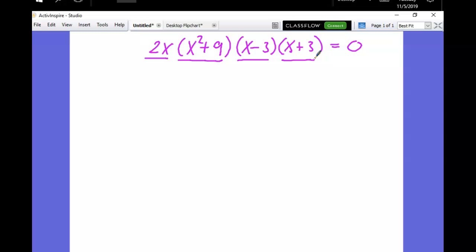If those four things multiplied together equal 0, that means one or more, or possibly even all of those things have to equal what? 0. So now what we do is we do 2x equals 0, so that means 2x could equal 0, right? Or x squared plus 9 could equal 0, right? Or how about x minus 3? Or x plus 3.